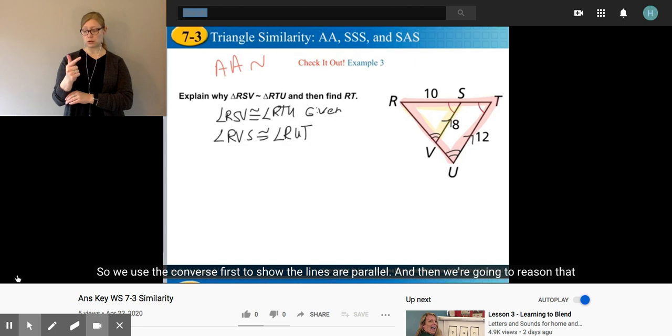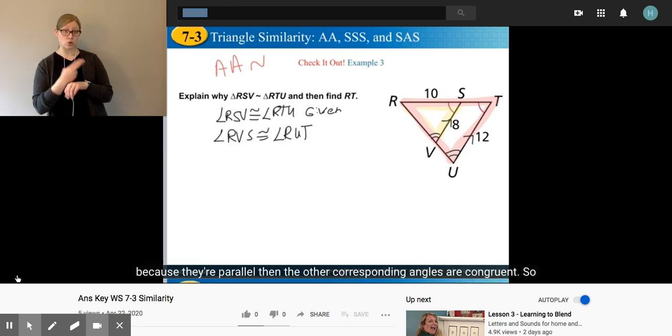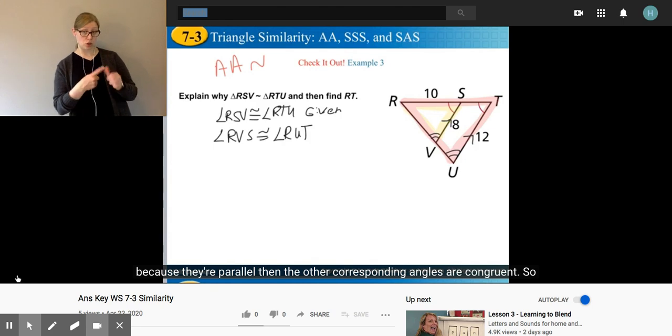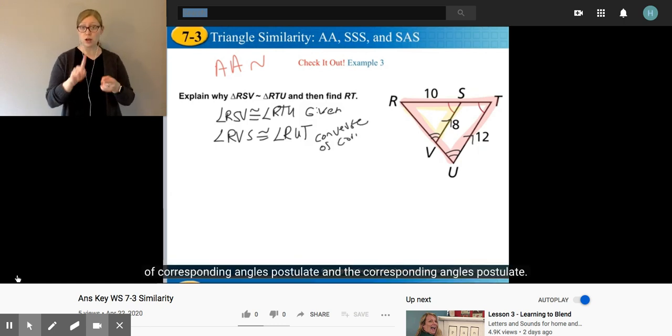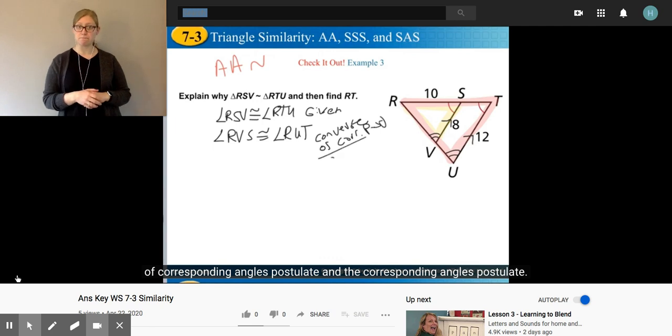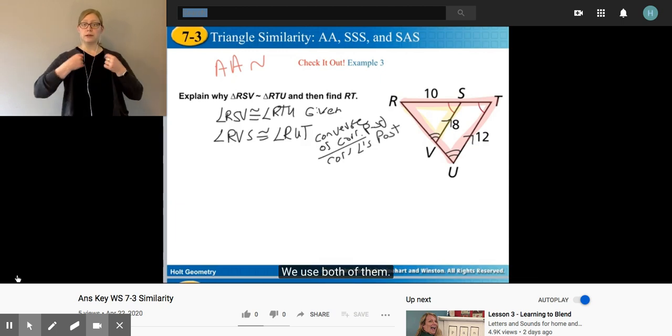So we use the converse first to show the lines are parallel, and then we reason that because they're parallel, the other corresponding angles are congruent. So the converse of the corresponding angles postulate and the corresponding angles postulate. We use both of them.